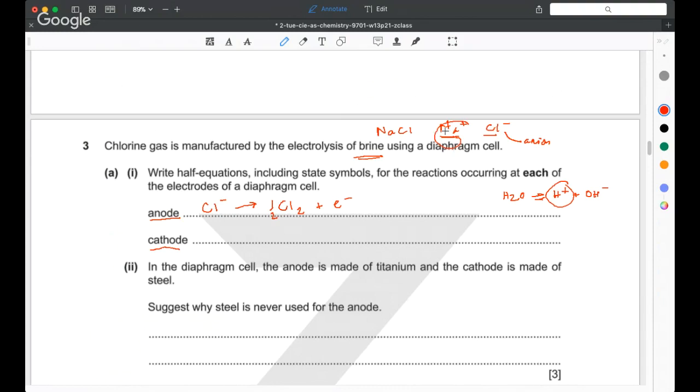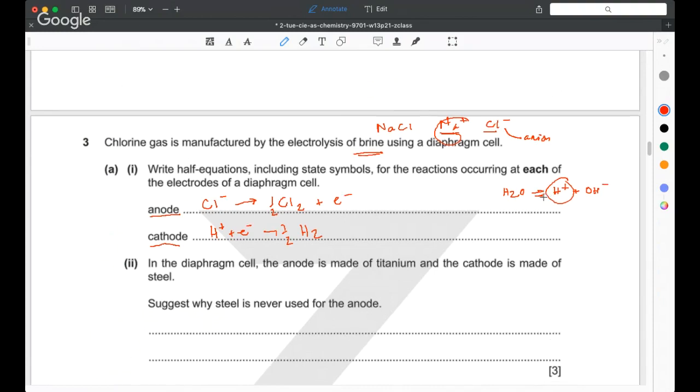And out of these two, the one that's preferentially discharged is the hydrogen ion. And at the cathode, it's going to gain an electron, and hydrogen gas is formed. So those are your two reactions, and you just have to remember at the cathode, the hydrogen ion, which is also present, is preferentially discharged.